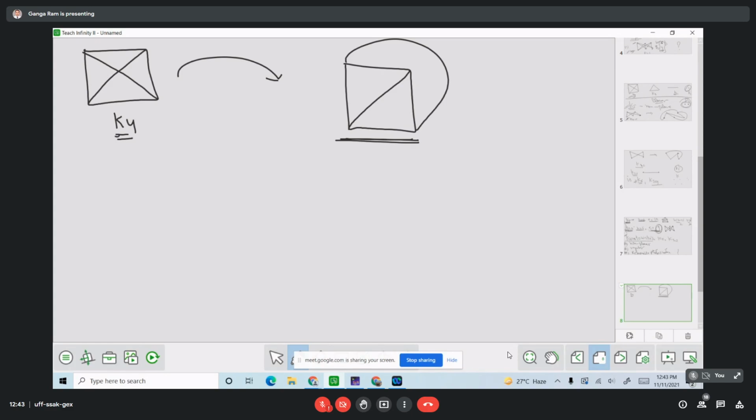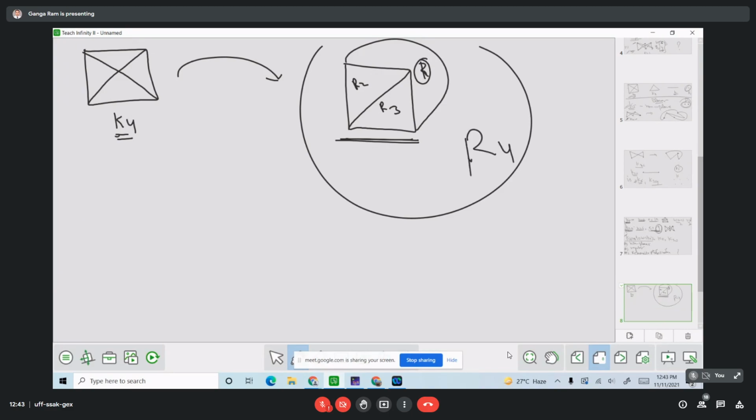This is the first region, R1, which is bounded by some edges. This is the second region, bounded by these edges. This is the third region, bounded by these edges. And one more region here: the remaining part of the plane is also a region. It is R4. So this is the plane representation.